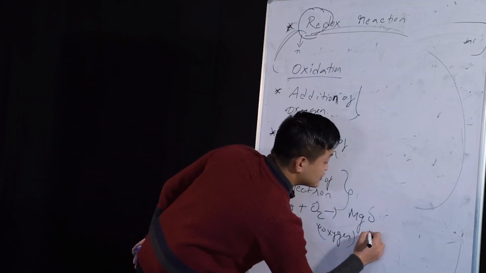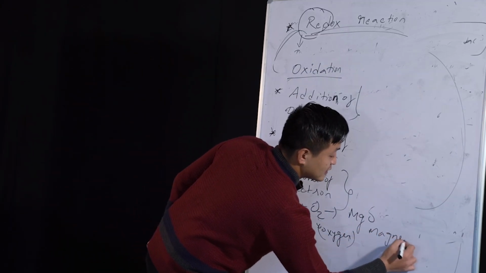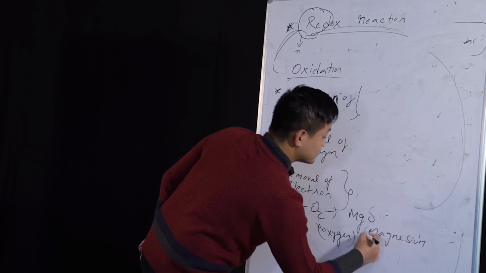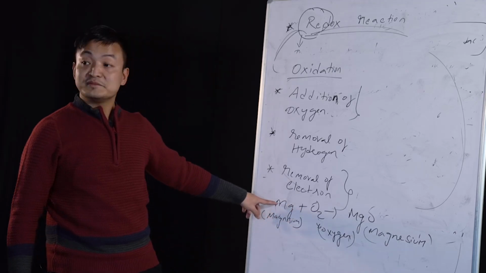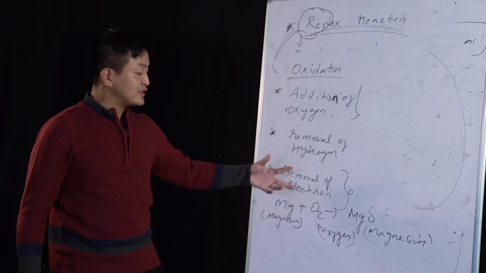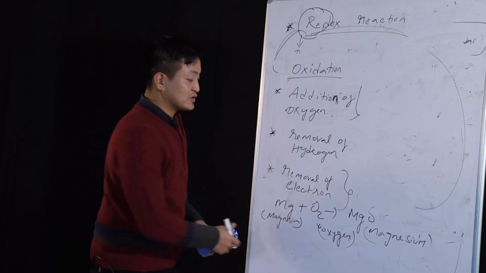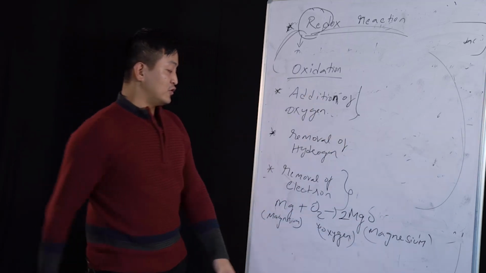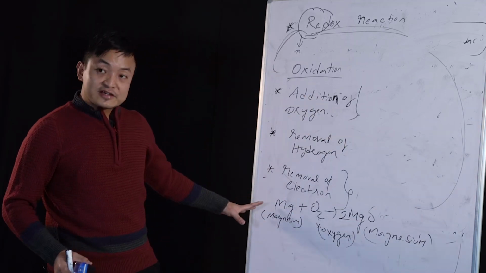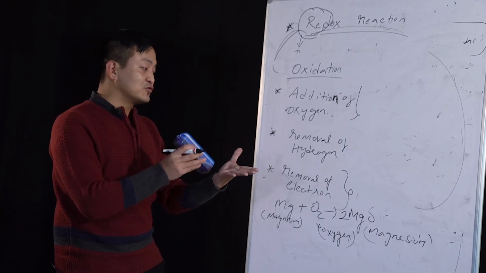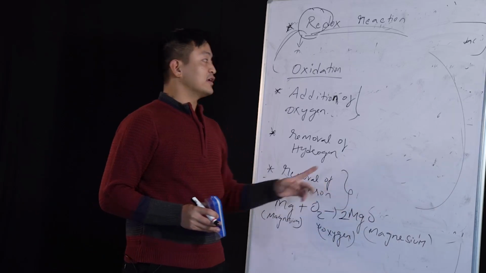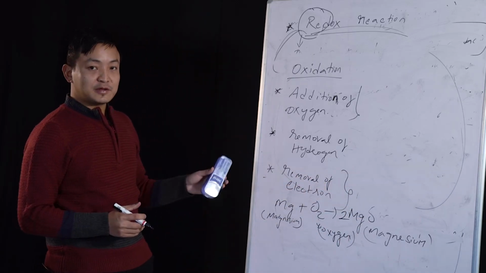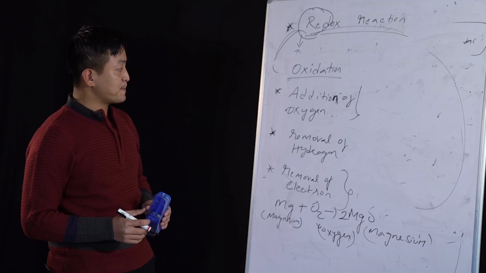We get magnesium oxide. So what we see is there is an addition of oxygen, right? It was just Mg, but on reacting with oxygen, we get magnesium oxide. This type of reaction where we see an addition of oxygen is known as oxidation reaction. Clear, my dear students?